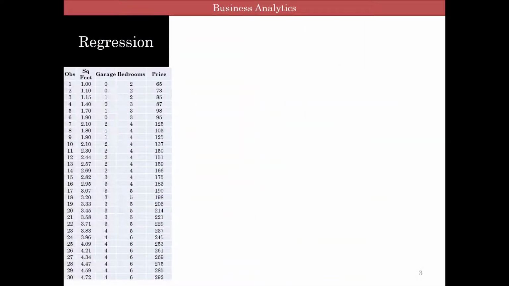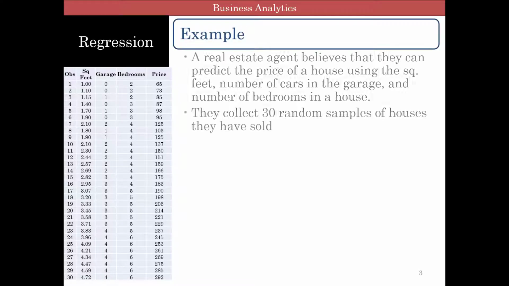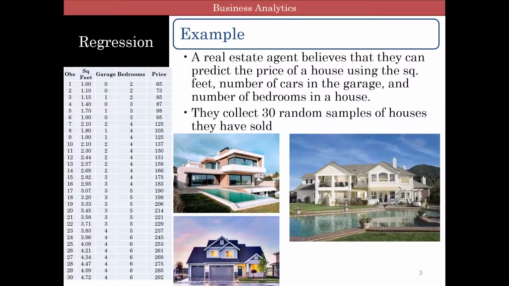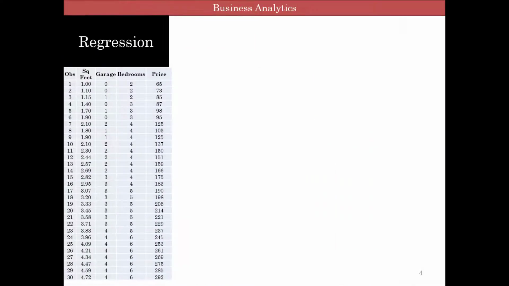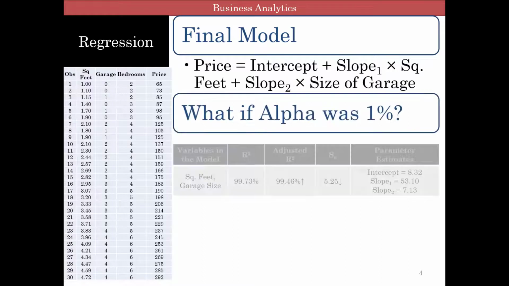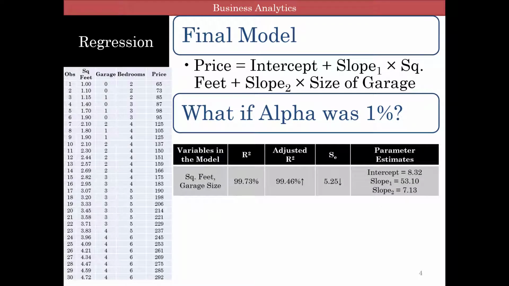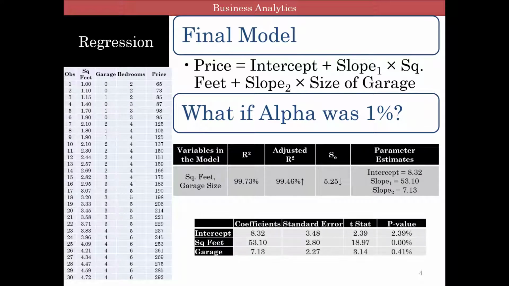So we go back to the price of a house, and we have the square feet, the garages, the bedrooms, the different houses, and we end up with a final model where the number of bedrooms is removed. We get an intercept and the slopes, and you find that the p-value for the intercept is 2.39%.